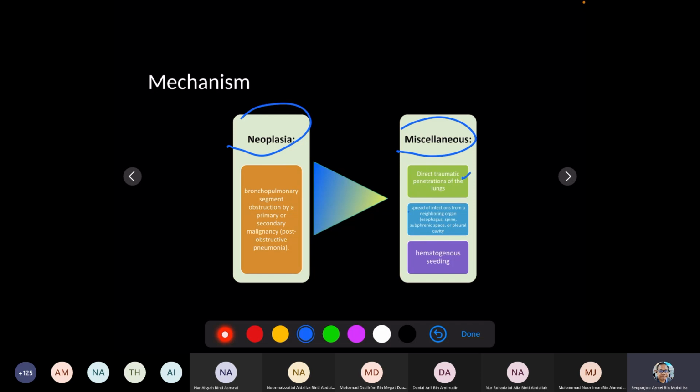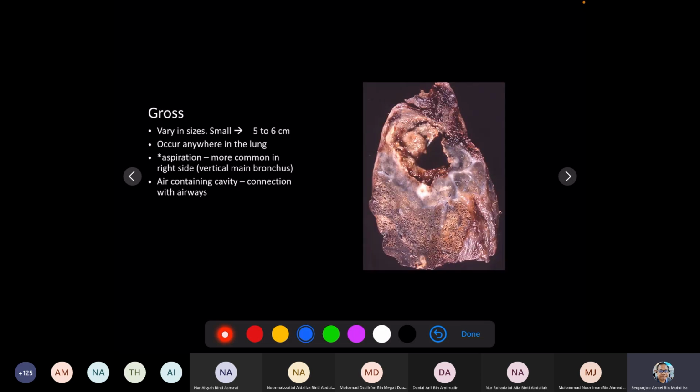It can also spread from a neighboring organ. For example, if there is an esophageal abscess, it can spread to the lung and cause pneumonia there. And other hematogenous seeding, for example, as I mentioned previously, the septic emboli.